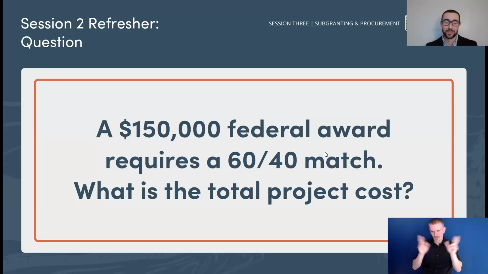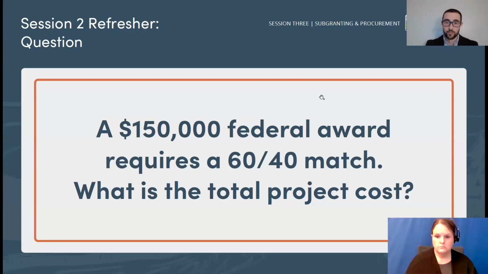From session 2, we talked about match funding quite a bit, and if you could get out a calculator, write it down on a piece of paper, drop it in the chat, or just think about it: what is the total project cost of a $150,000 federal award that requires a 60-40 match? So the federal awarding agency is saying, here, we're going to give you $150,000, but we are requiring a 60-40 match on this award. How would you find the total project costs associated with that federal award?